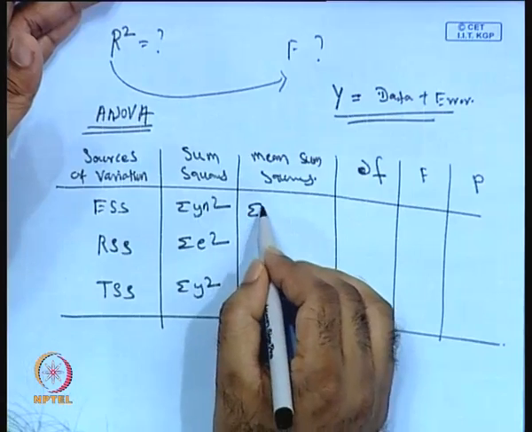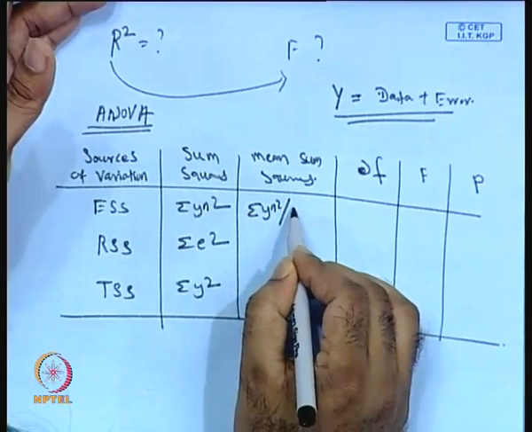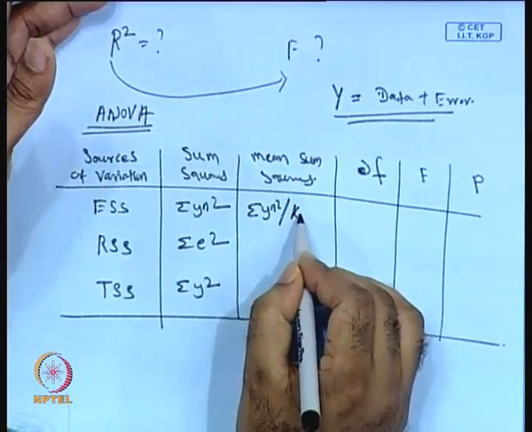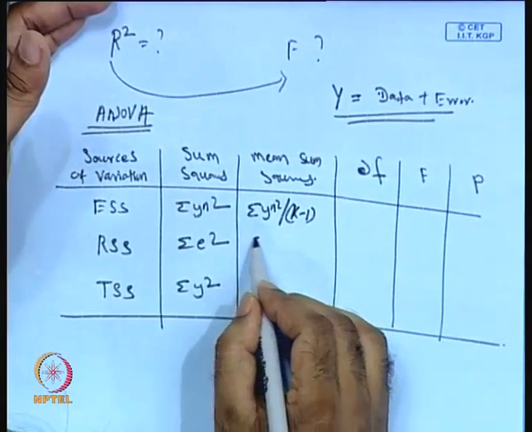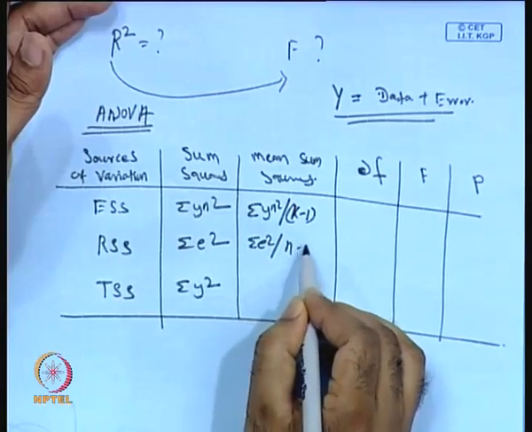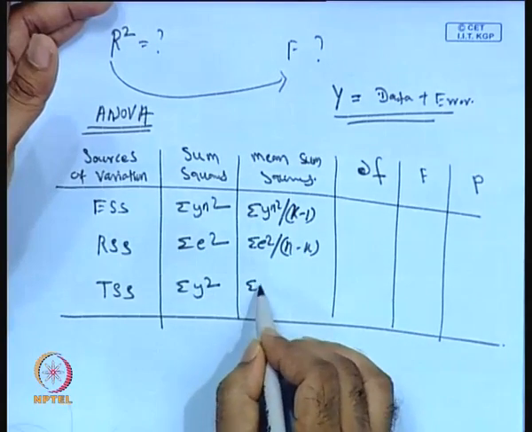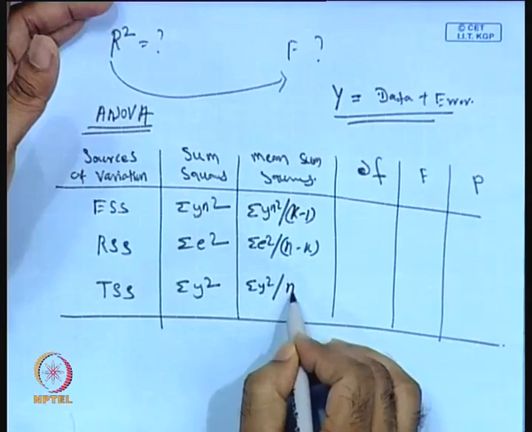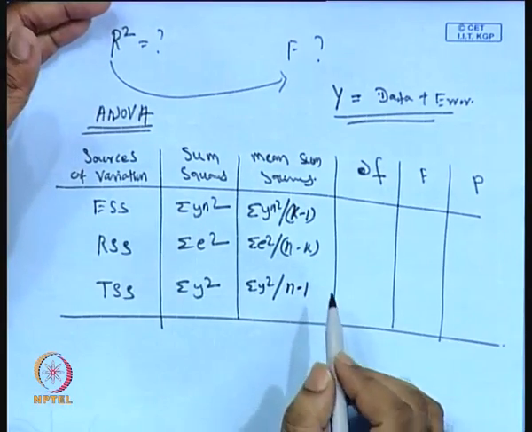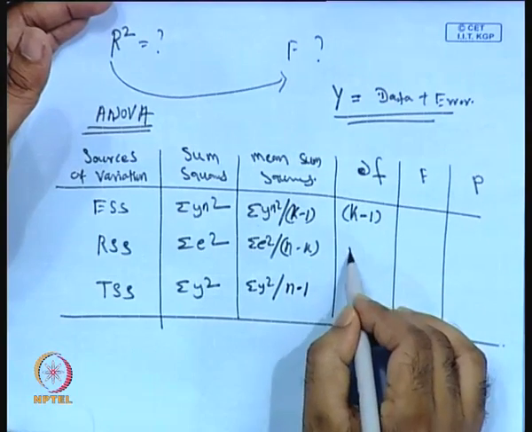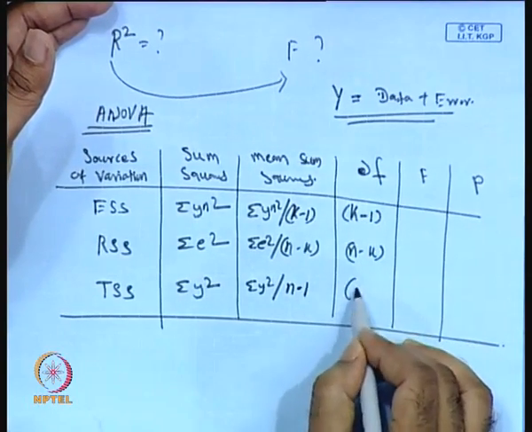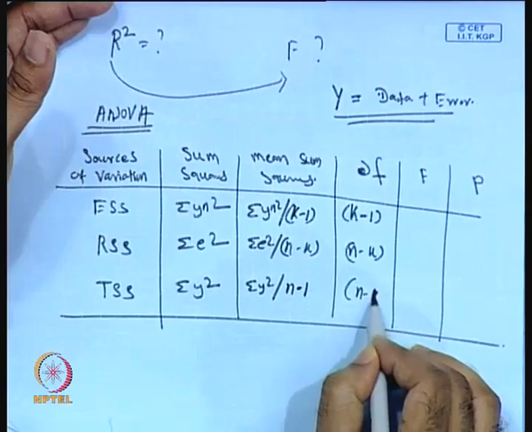So, y hat squared divided by k minus 1, summation e squared by n minus k, and summation y squared by n minus 1. The degrees of freedom accordingly are k minus 1, n minus k, and n minus 1.